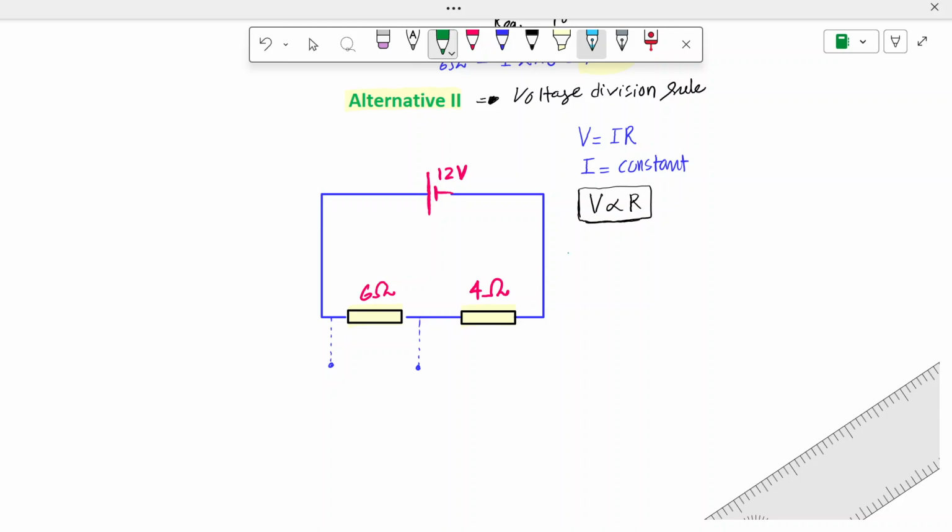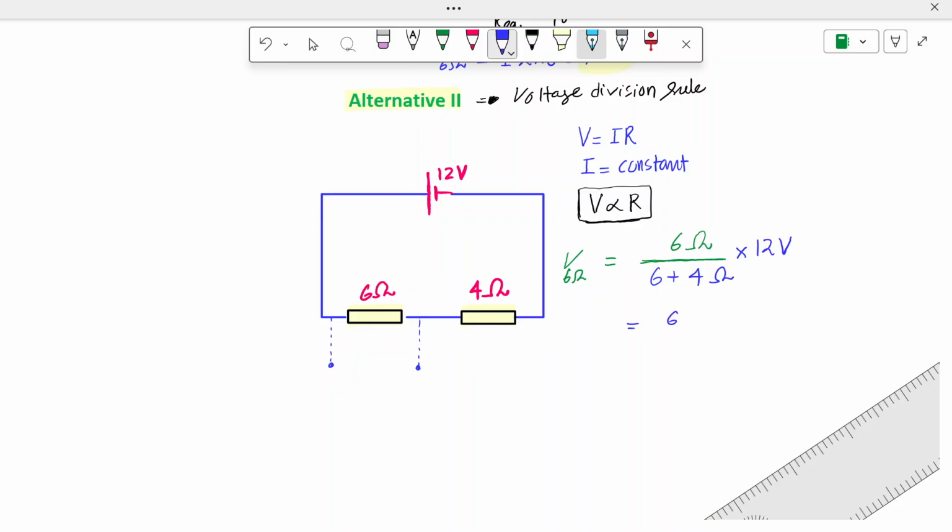What does the rule say? Let's say the voltage across 6 ohm: in the numerator write the resistance across which you want to find the voltage, and in the denominator add both of them, and multiply with the total potential value.